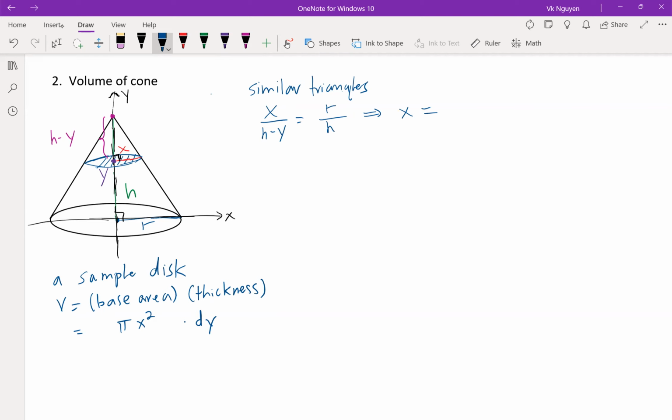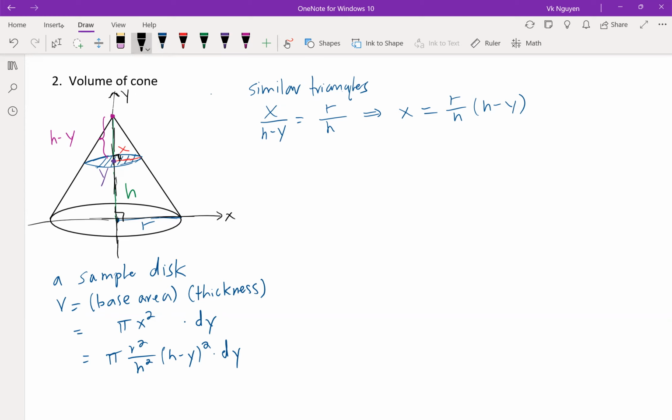We have x equal to r over h times h minus y. And from here, x squared is r squared over h squared times h minus y squared, so we have the volume of the sample disk: pi r squared over h squared times h minus y squared dy.